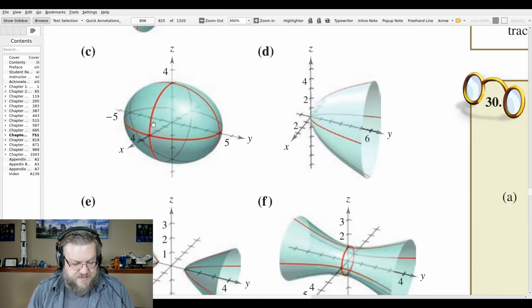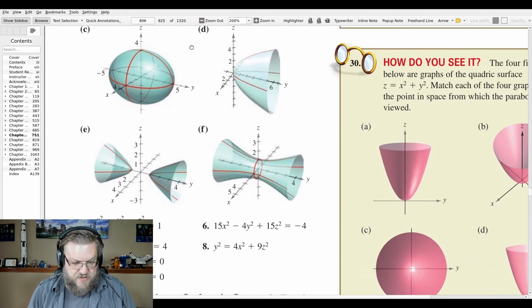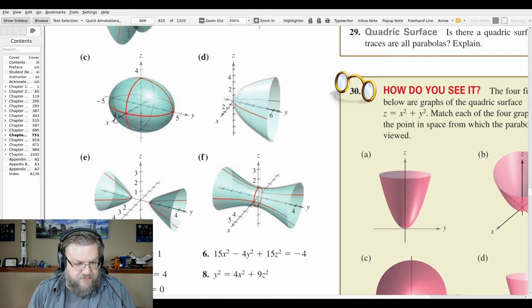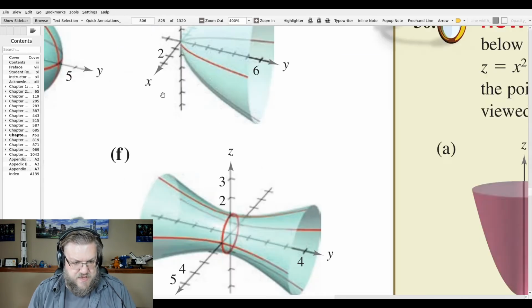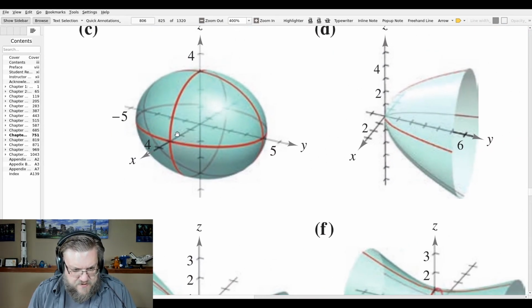Now you can actually take a look here at the numbers to make sure that they work out. Notice what I was saying before, that y should only go between 4 and -4. Let me zoom in here. Oh, y, sorry, I was looking at the wrong axis. Here's the y-axis. Notice how y goes to 1, 2, 3, 4.